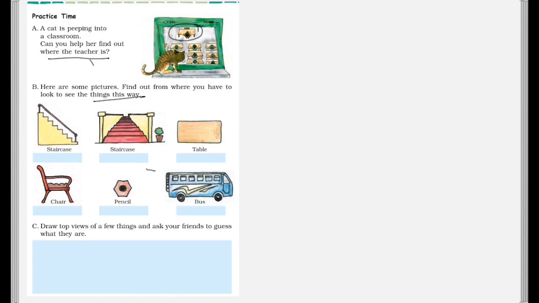So if you want to see the staircase this way, then you need to see it from side. Okay, so for the first one we have to view it from side. Then second, if we want to see the staircase like this, then we have to see it from the top for this one.